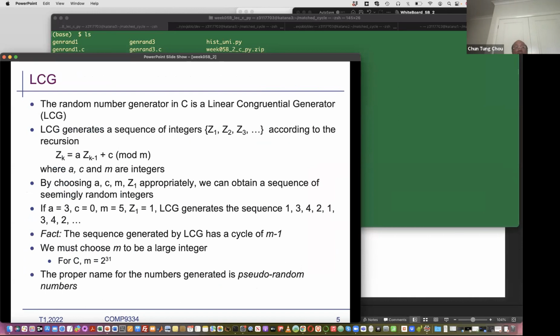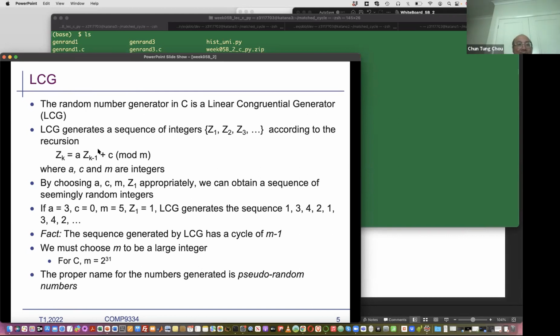Now, how does the random number generator in C work? The random number generator in C is called a linear congruential generator, which I'll shorten to LCG. LCG will generate a sequence of integers, Z1, Z2, Z3, according to the recursion.